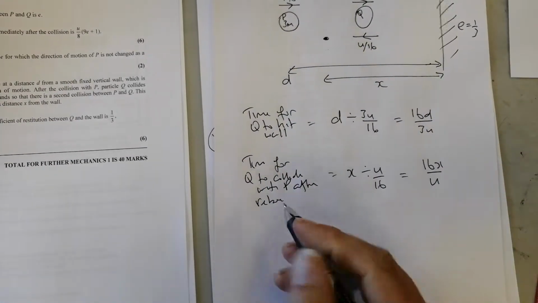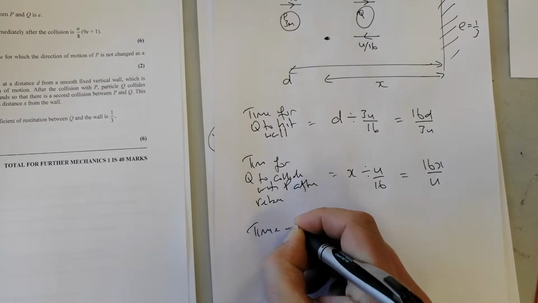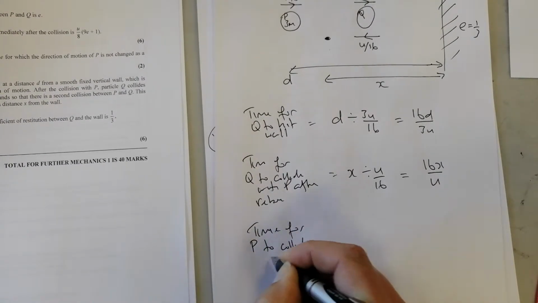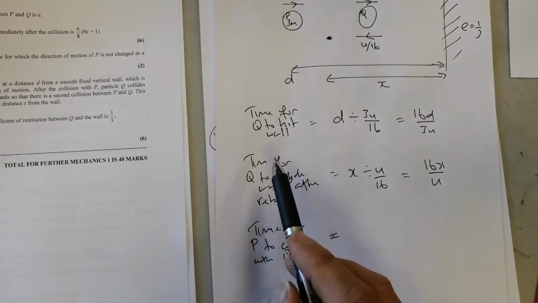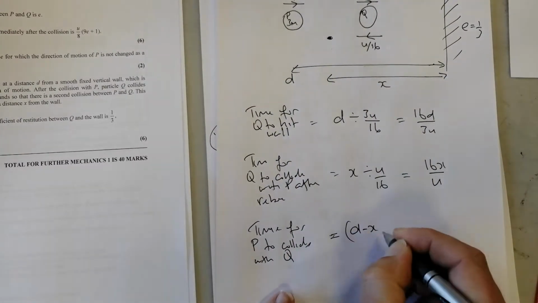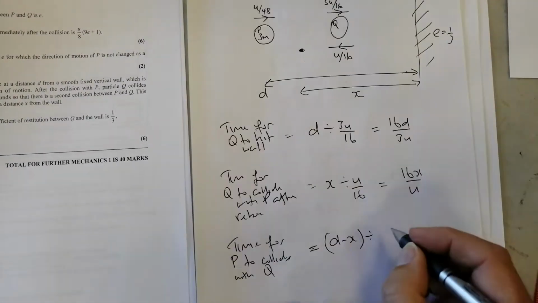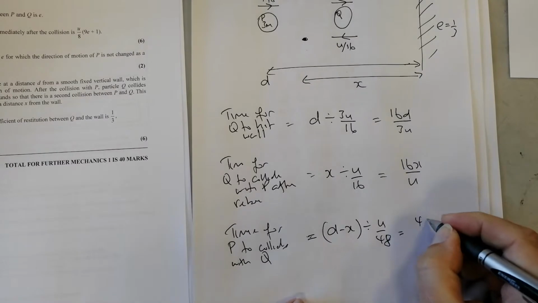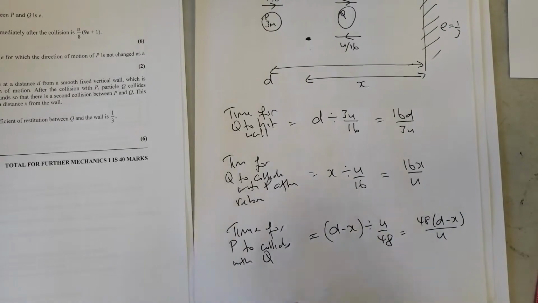So the time for P to collide with Q: P is going to go that distance, which is d minus x, divided by P's speed, u over 48, which is going to be 48(d minus x) over u.